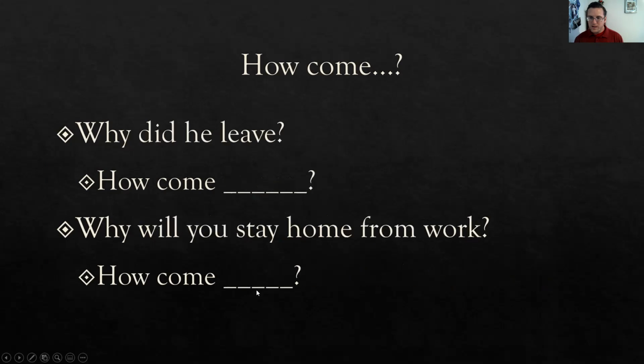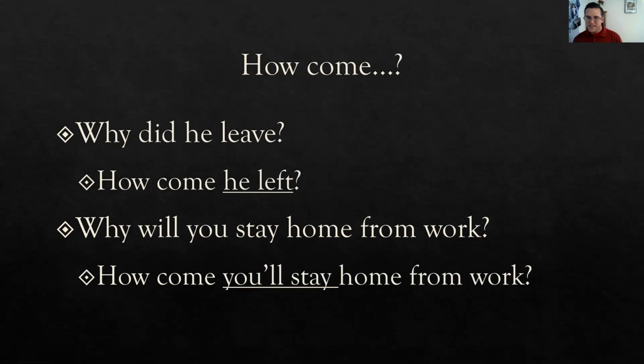Let's practice with a couple. Okay, we have the sentences, why did he leave? Why will you stay home from work? So what would be the question with how come? All right, let's see. Why did he leave?